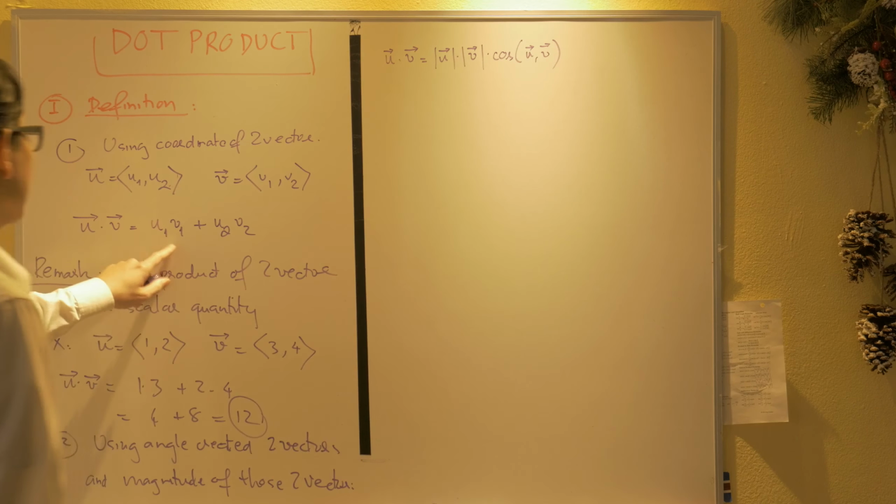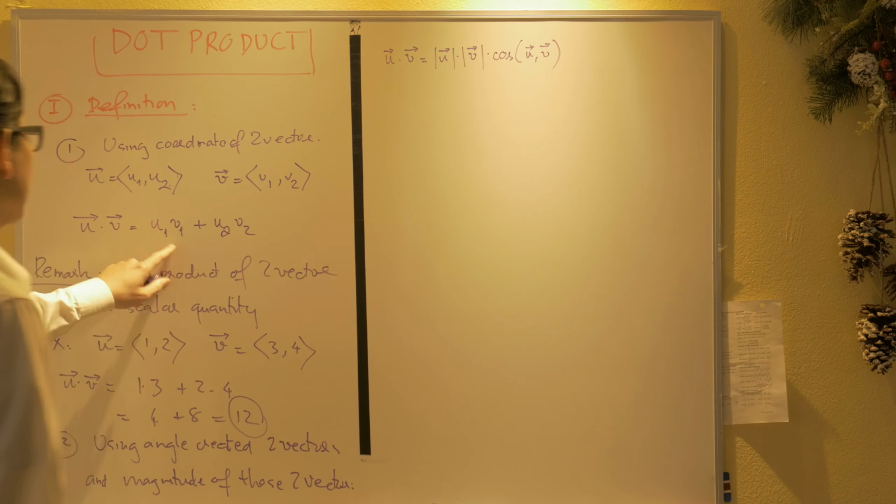However, in this method, to find the dot product, you need to know the coordinates of u, the coordinates of v, and you also need to know the angle created by those two vectors. If you don't know the angle, then you cannot use this formula. You cannot use this definition to get the dot product.